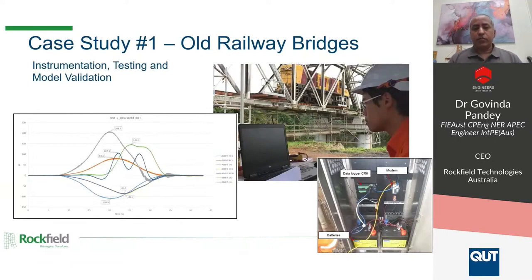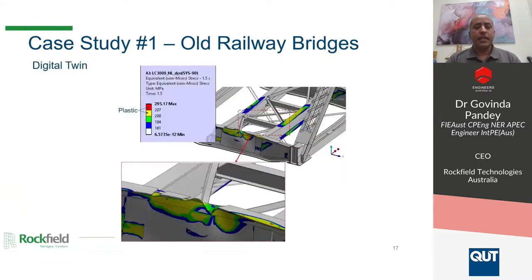The challenge with advanced modeling is you've got to find a way to validate those models. So getting field data through bridge instrumentation is critical. So we went through that process as well, to collect the data, do the load testing and model validation.